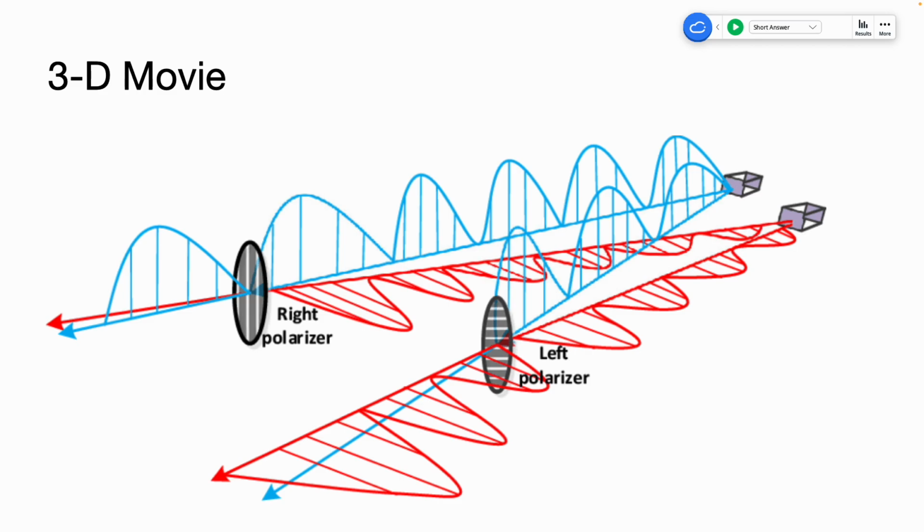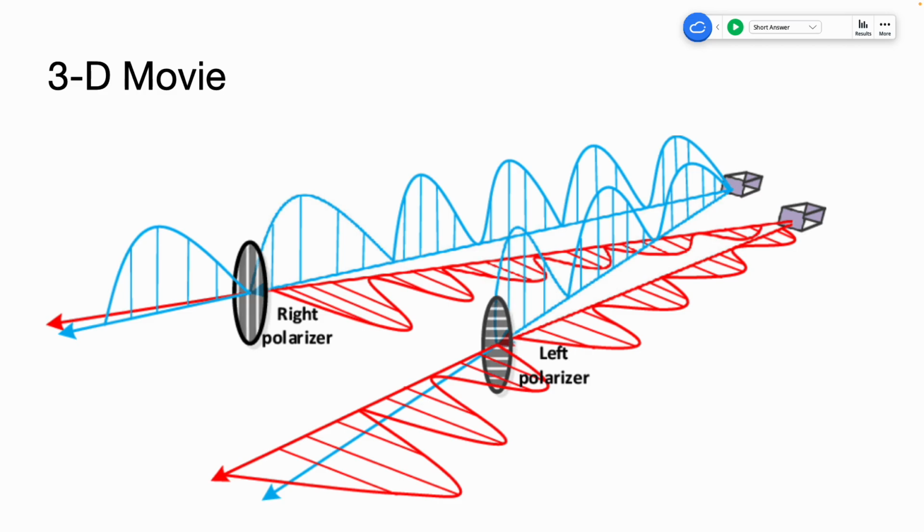So in order to have a 3D effect, the movie theater has to somehow let both of your eyes see different images. Even though you have one screen, your two eyes need to see two different images. The way to do that is to polarize the light and have you wear glasses. When you go to a 3D movie, you wear glasses.